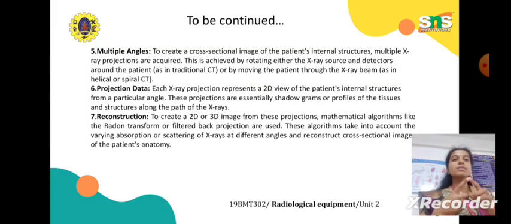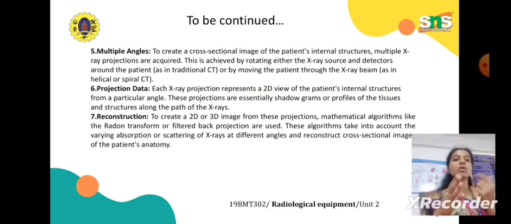Next is multiple angles. To create a cross-sectional view of a patient's internal structures, multiple X-ray projections are required. We are going for cross-sectional imaging techniques, producing two-dimensional and three-dimensional images.